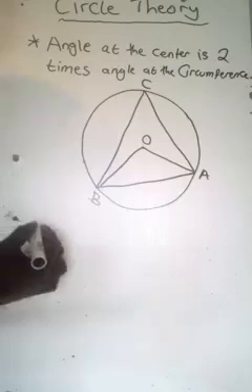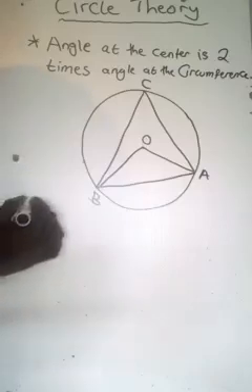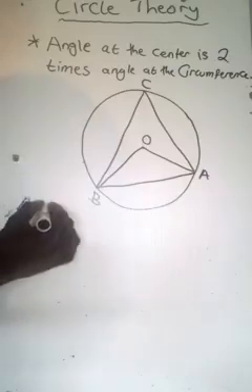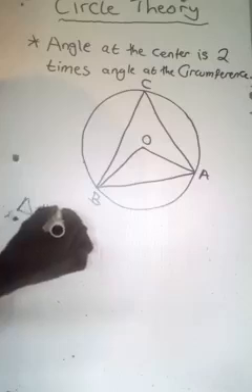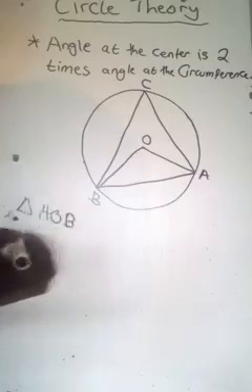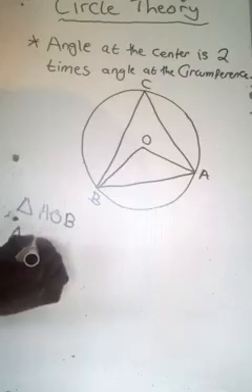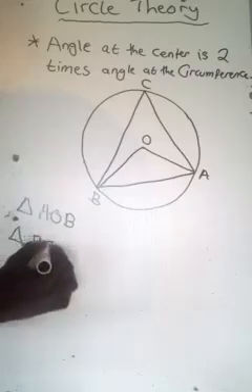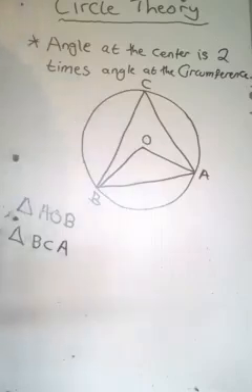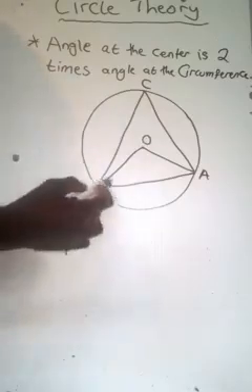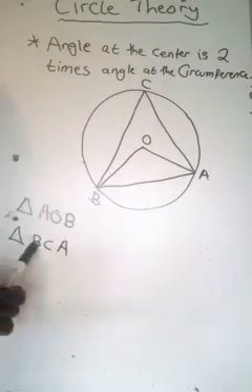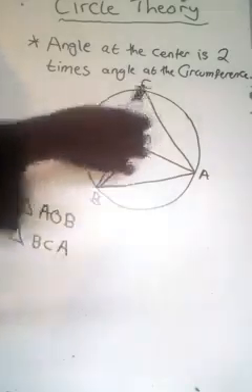Look at these two triangles produced here: triangle AOB and triangle BCA. Triangle AOB is this small triangle, and triangle BCA is this big triangle.